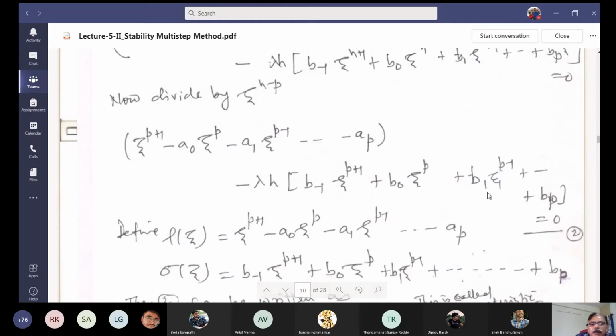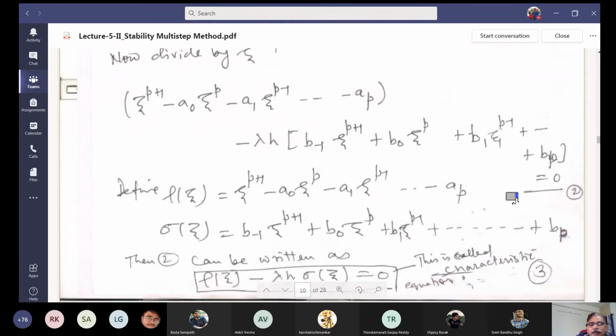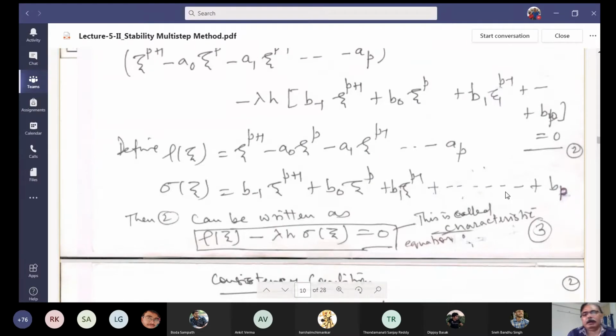The rho xi which I have written earlier was of this type; since there it was k plus 1, here it is just p plus 1, there is only one difference. So here we can write this as rho xi, and this quantity with lambda h we can write as sigma xi. It is getting repeated again and again.